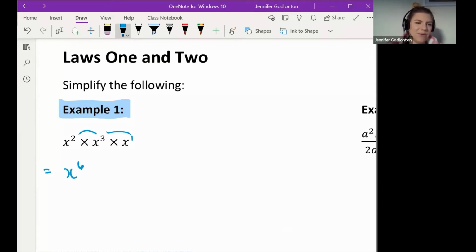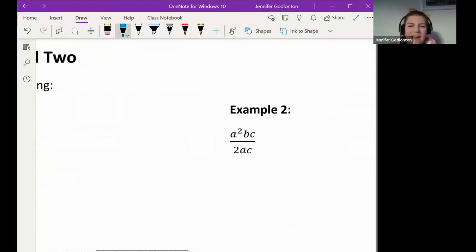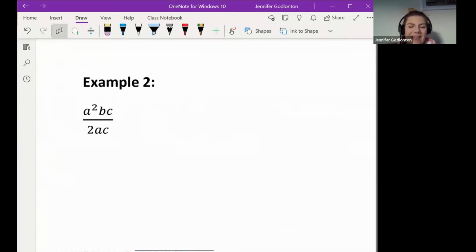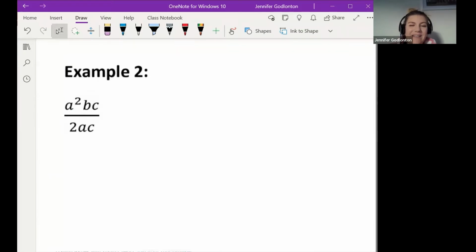Nice. Great. Okay. Next one. You are looking at things that involve division. So now be careful with this. Think about what's going to be at the top, what's going to be at the bottom. Alvarez, what did you do?